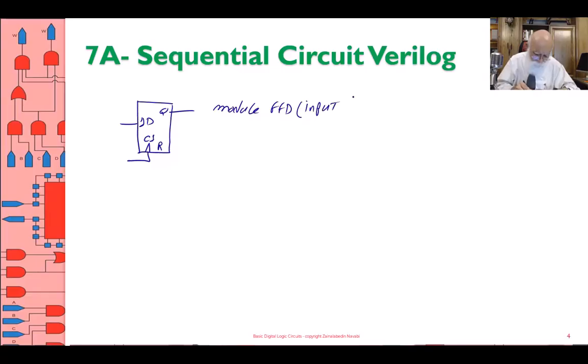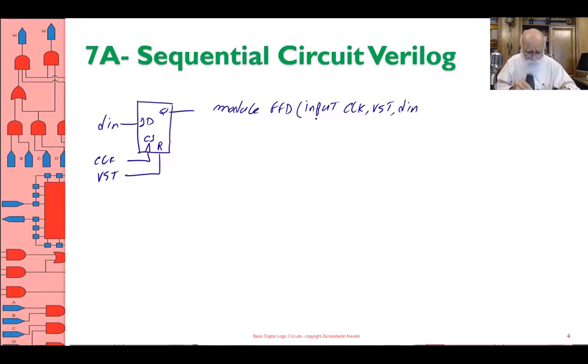Input, D in, clock. Usually it would be best to have the clock and reset as the first inputs. So here is the reset, here is the clock, and this is D in.